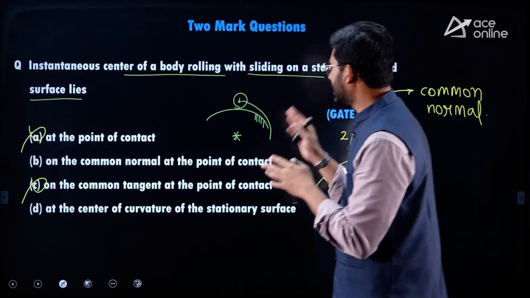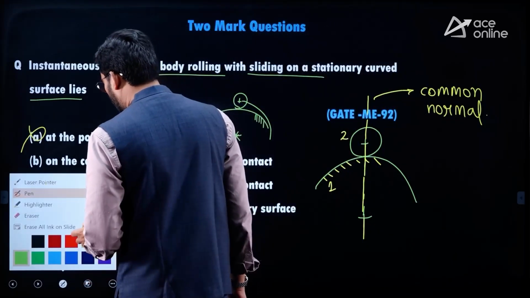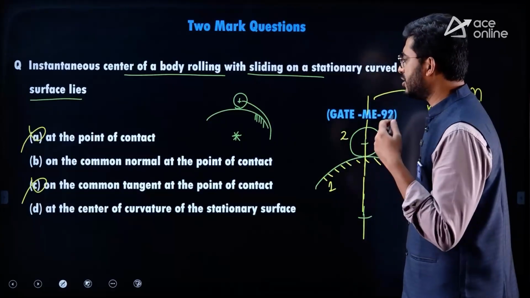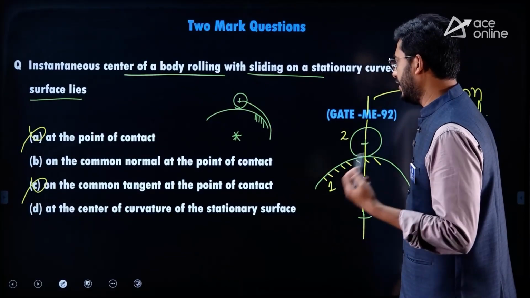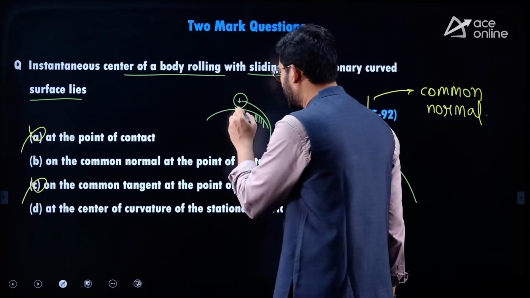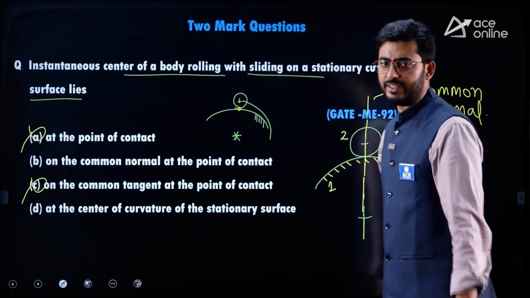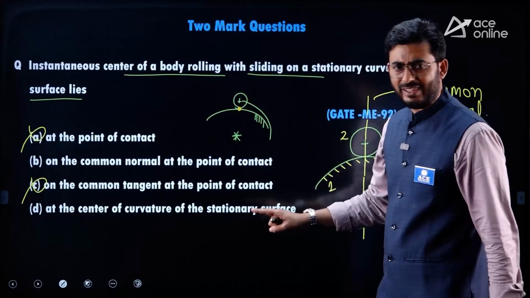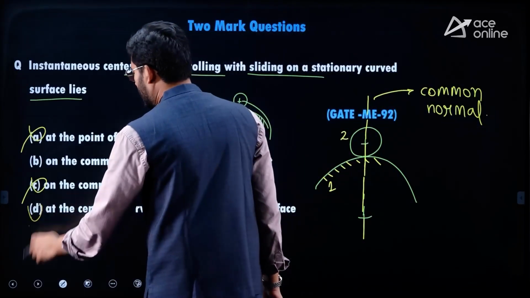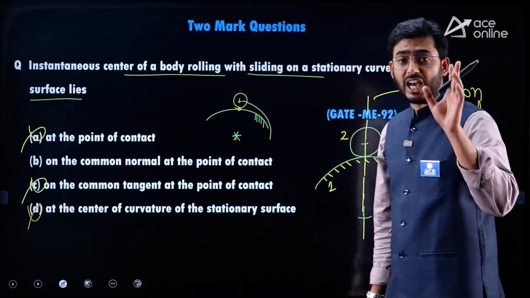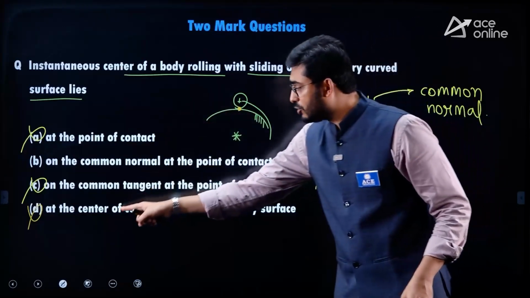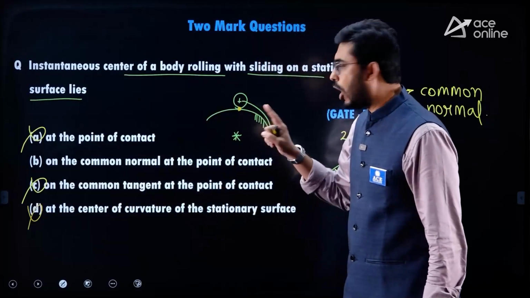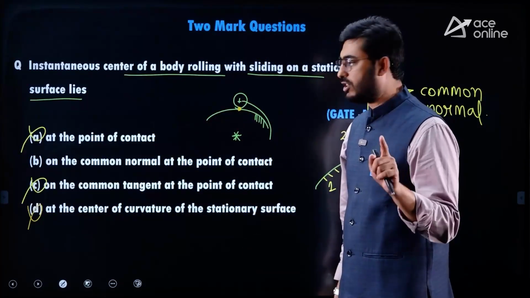Here it is mentioned rolling and sliding motion, both have been included. If it is pure rolling motion, then at the point of contact, the I center is expected to lie. So as per the question, option D cannot be the answer because the body will be in curvilinear motion based on option D. Not possible. And option C says common tangent, no, it is always on the common normal.